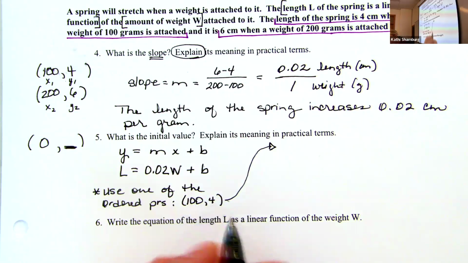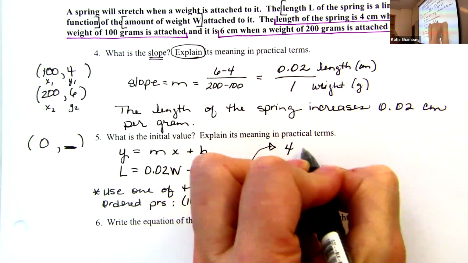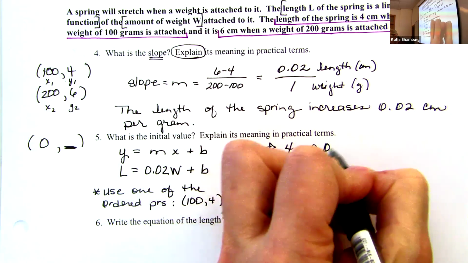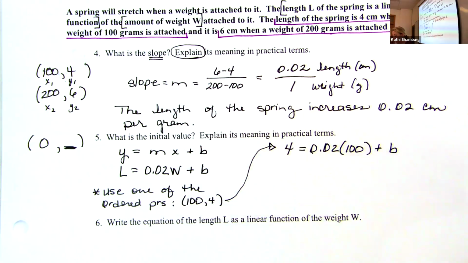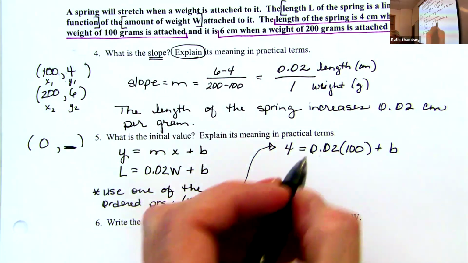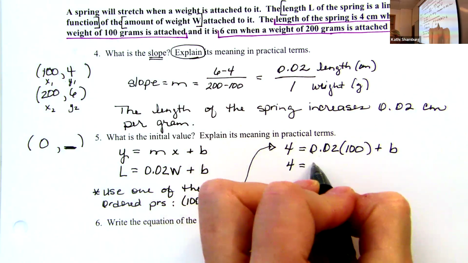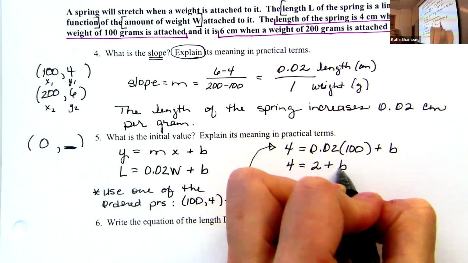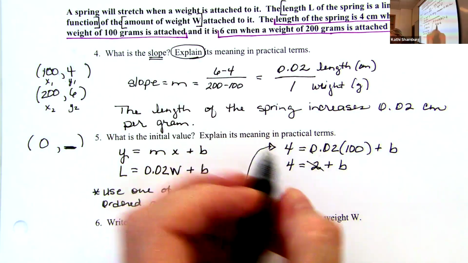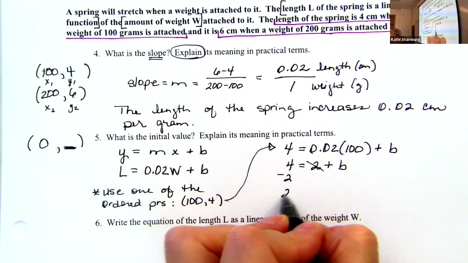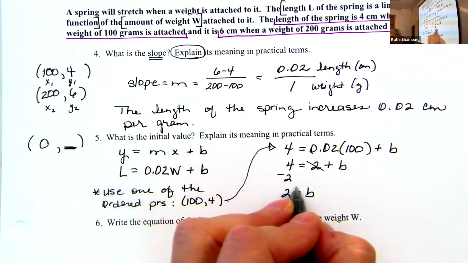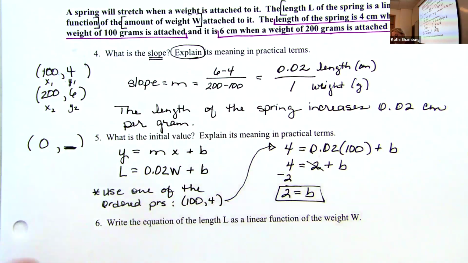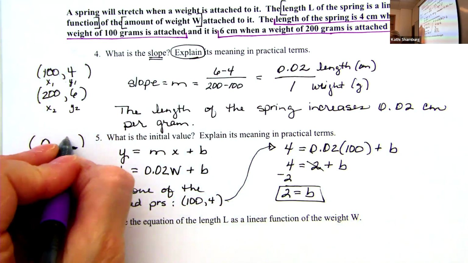In place of L, I'm going to put a 4. So I have 4 equals 0.02 times 100 plus B. So I get 4 equals 2 plus B. Subtract 2 from both sides, so I get 2 equals B. So this answers the question, what is the initial value? Which means this right here is a 2.